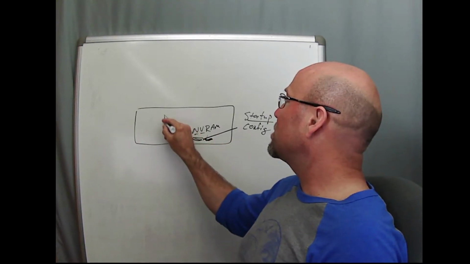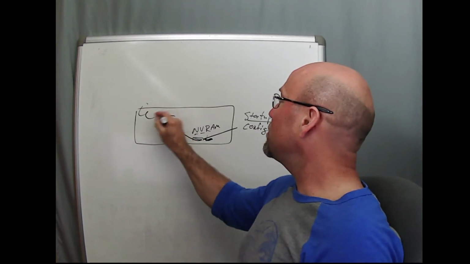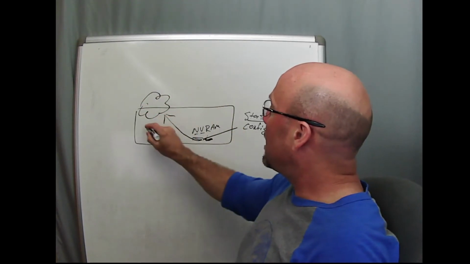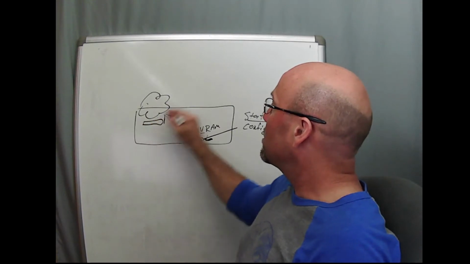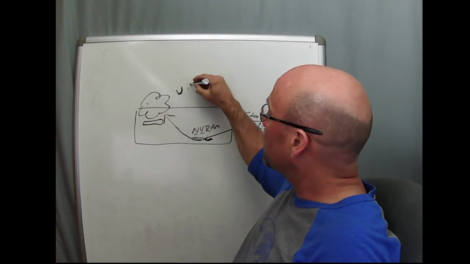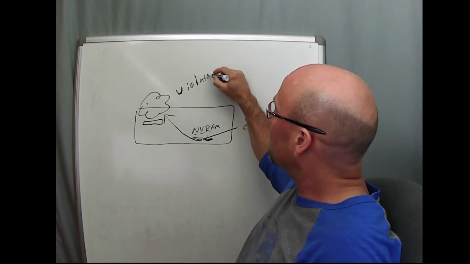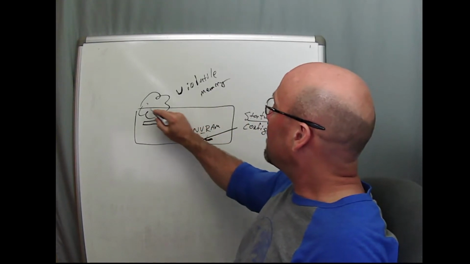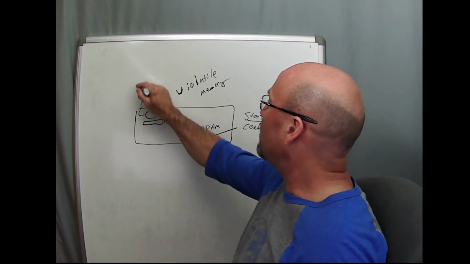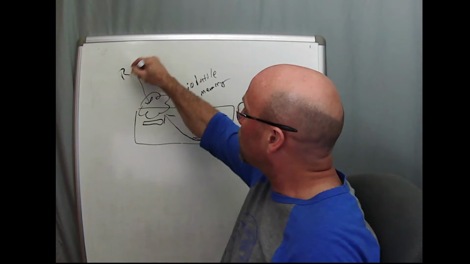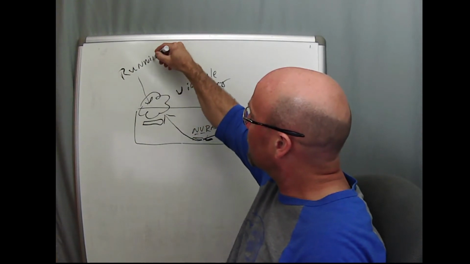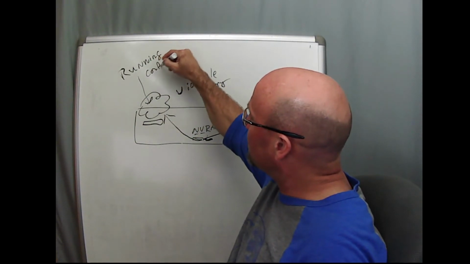That action puts this into a memory space called volatile memory. And this configuration is now known as the running configuration.